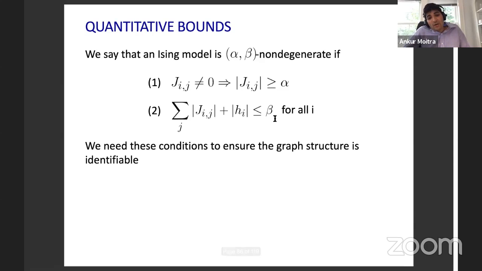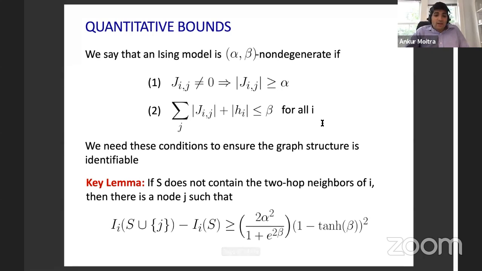But with these non-degeneracy conditions, it turns out that if you have a set S that does not contain the two-hop neighbors of I, there is some node J that you can add to your set. It'll actually be one of the things in the two-hop neighborhood that is going to noticeably increase this discrete influence function by something that you can quantitatively bound in terms of alpha and beta.